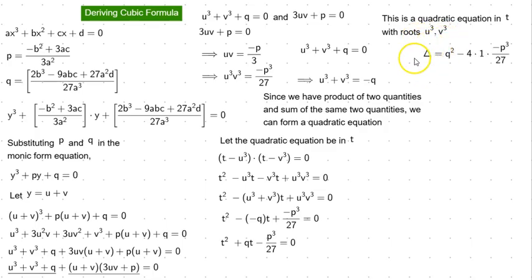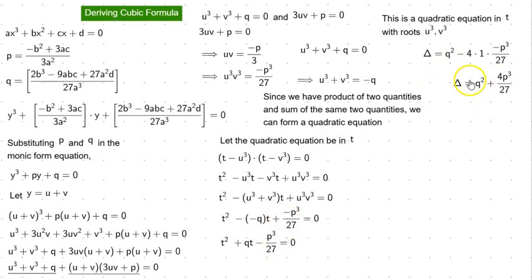And if we look at the discriminant, we get q square minus, remember b square minus 4ac. So b is q here. So q square minus 4 times a times minus p cube by 27.